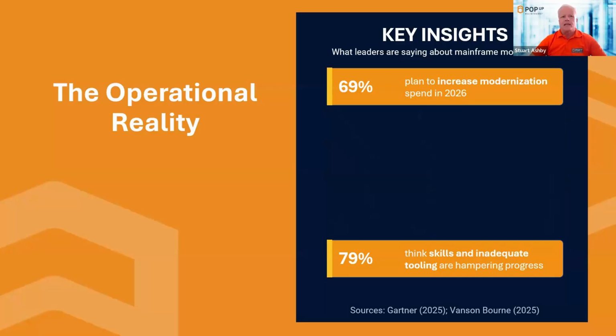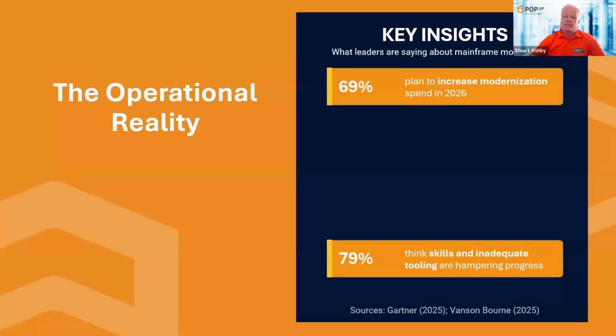So the operational reality is that 69% are stating that their plans to increase modernization spend, that's in my opinion, that's going to result in more training, because if you're going to modernize, you're going to change ways of working, it's people, process, tools. They're going to increase that training effort to ensure the return on investment is realized, that people have justified to their management.